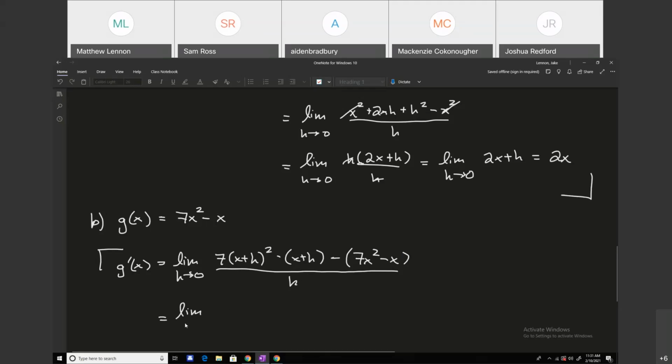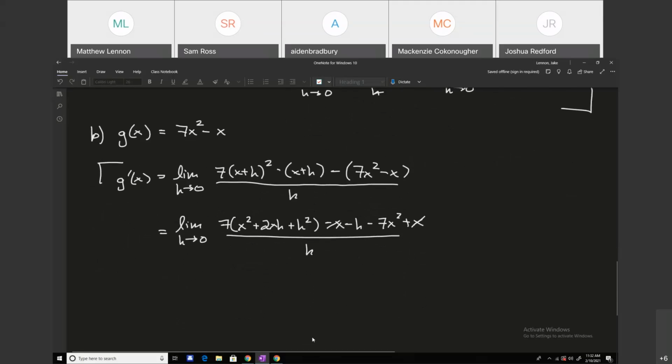So this is going to be the limit as h approaches 0 of 7 times quantity x squared plus 2xh plus h squared minus x minus h minus 7x squared plus x. So at this step here, the x's have canceled, so those drop out. Continuing, we want to distribute that 7.